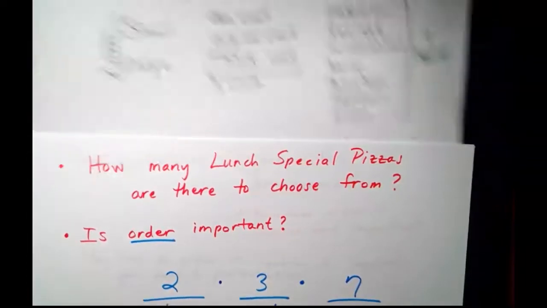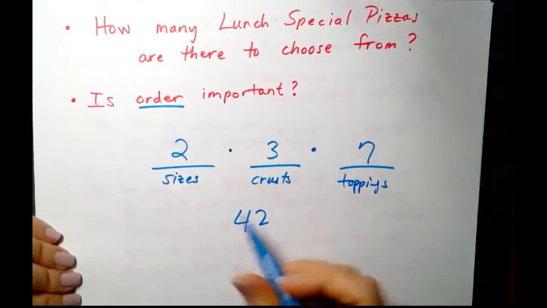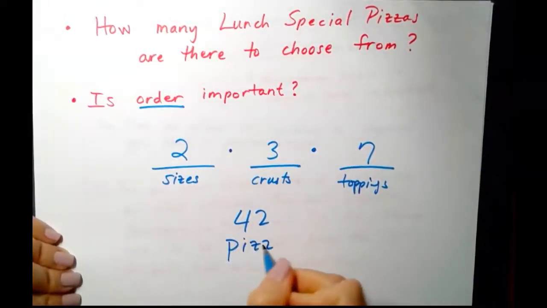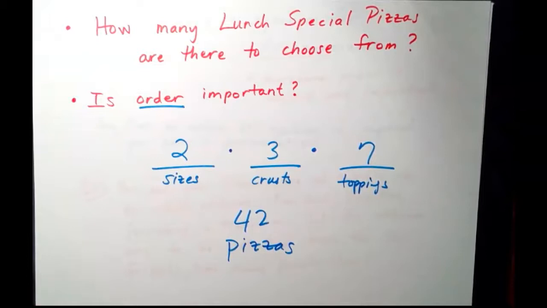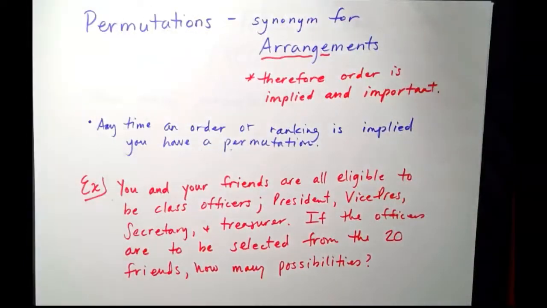There are 42 possible pizzas that you can get for the lunch special. The fundamental counting principle, basically, you just multiply the choices together and that's how it works. It's quite simple.